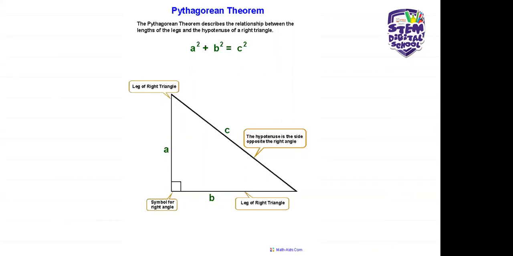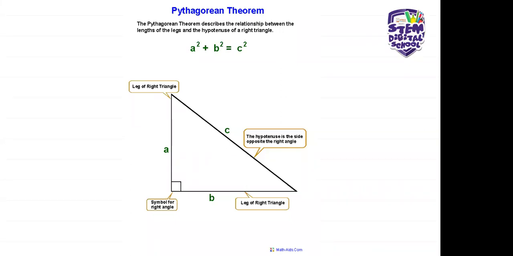But remember that the theorem of Pythagoras says if you have got a right angle triangle of this nature, a squared plus b squared is equal to c squared. Basically, that is what we have. And this brings us to the end of today's lesson.